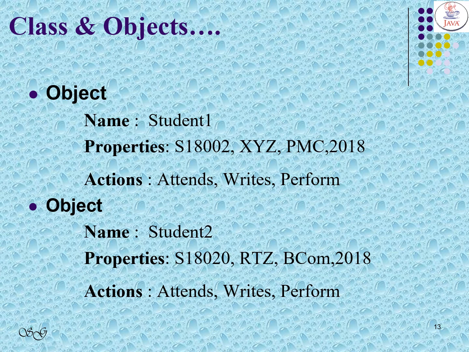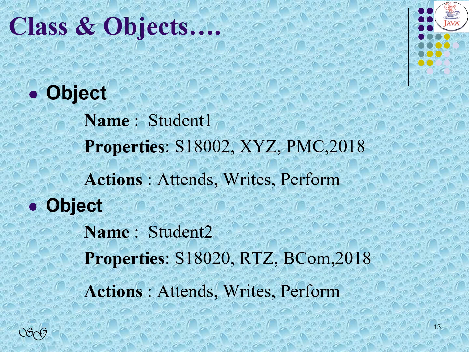Now let us obtain objects of the type Student class. Here it is. We have an object created by name student1, which is described with the properties S18002, XYZ as the name, course as PMC and year of joining as 2018. And object 1 exhibits the functionality attends, writes and perform.